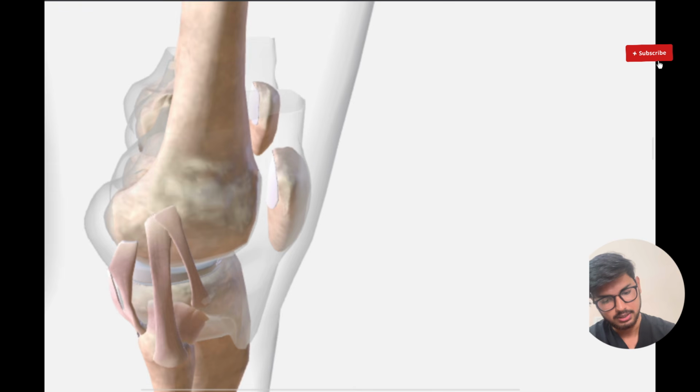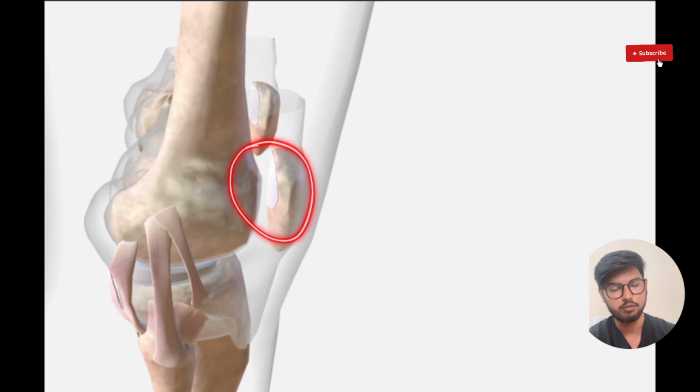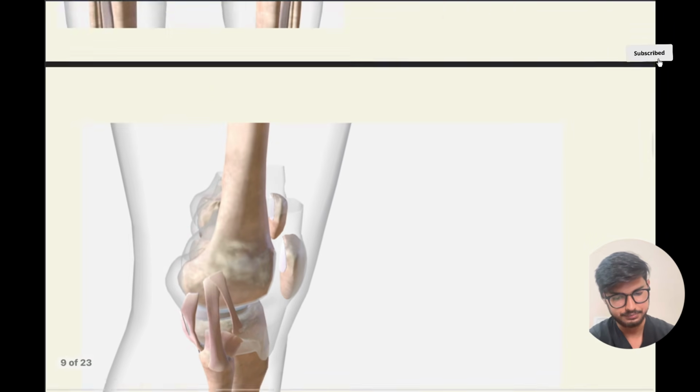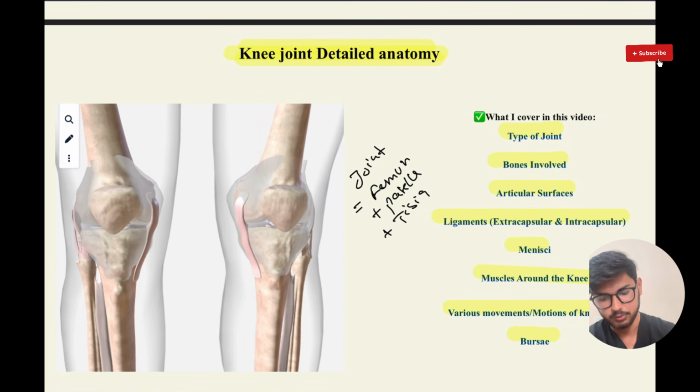This is your patella, this is the retropatellar space, which is the space behind the patella, and this is the distal femur. So this is your retropatellar joint, or the patellofemoral joint. Then we have the true joint formation between the distal condyle of the femur and the proximal condyle of the tibia. This is the articulation of the knee joint.